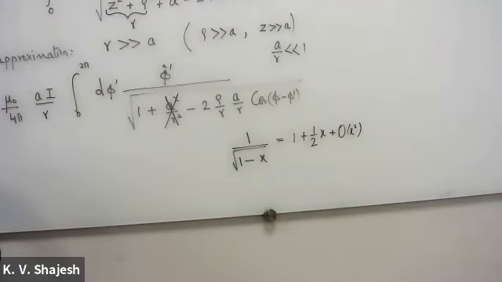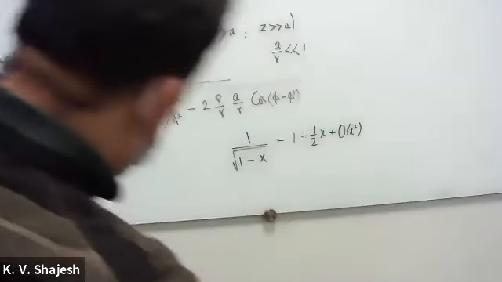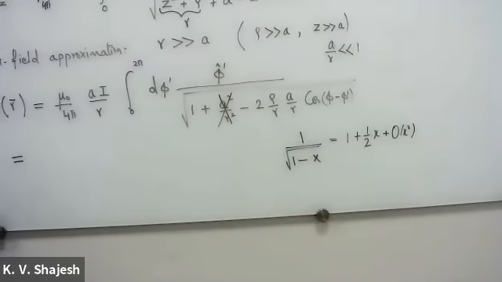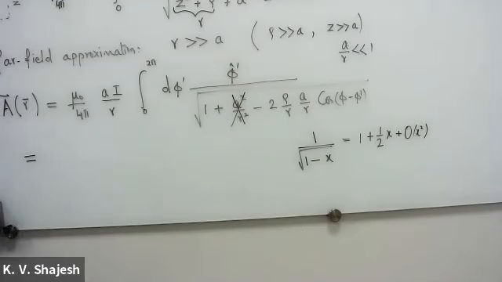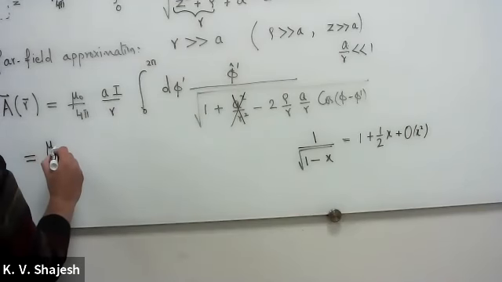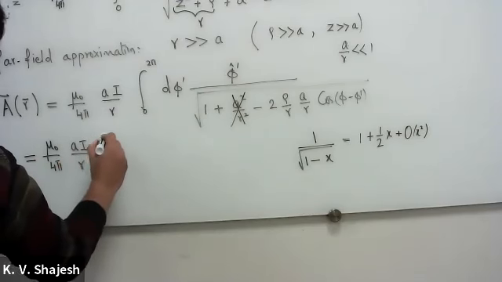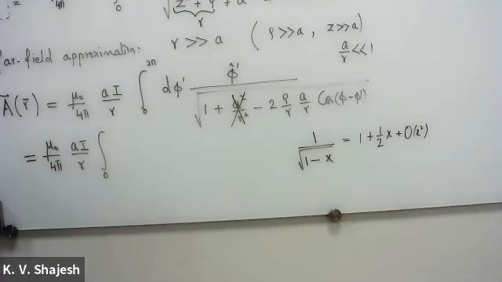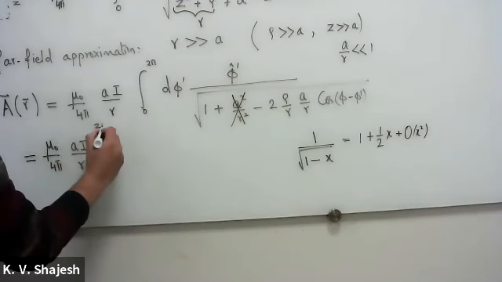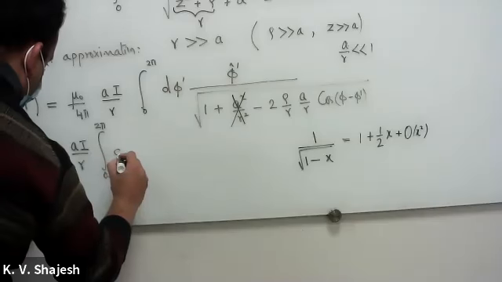So this is equal to mu naught over 4 pi a times I over r, integral from 0 to 2 pi, d phi prime.